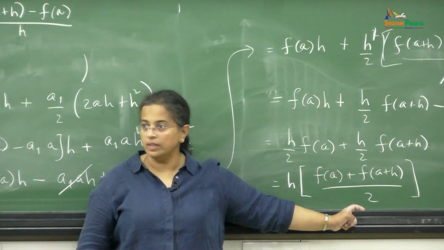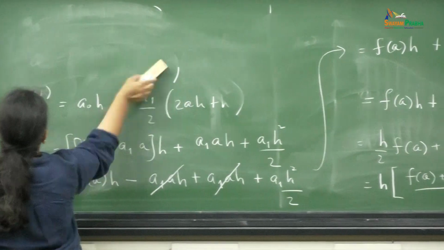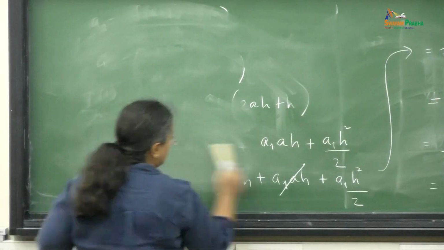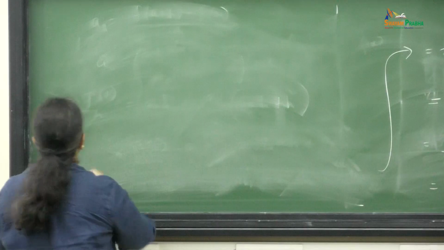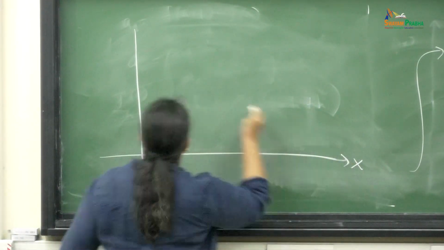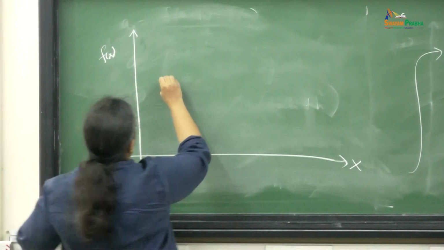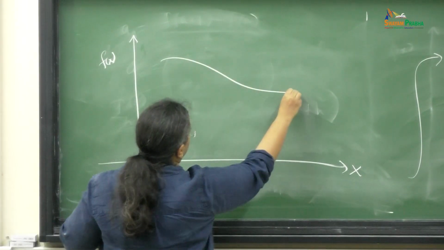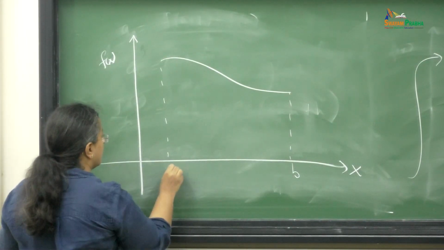So, what have you done now? You are taking the function and taking each area, I mean each tiny piece that you have divided the function into in the form of a trapezium. So, this is how it looked like, right? B, A, all right.